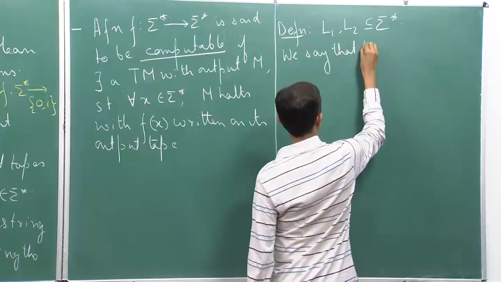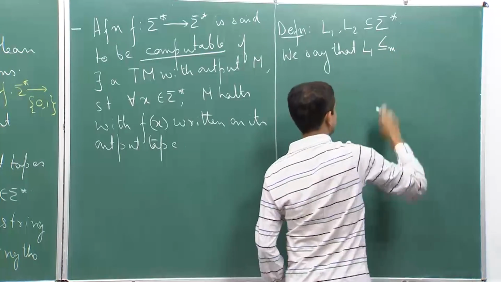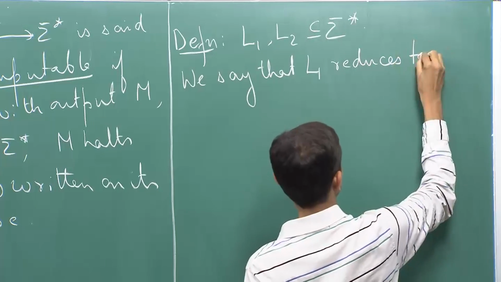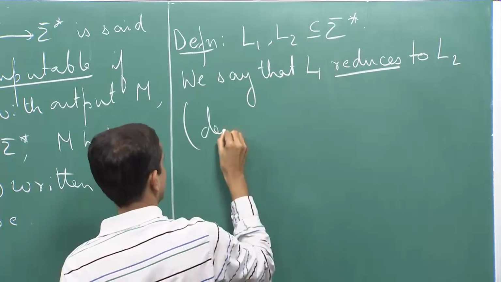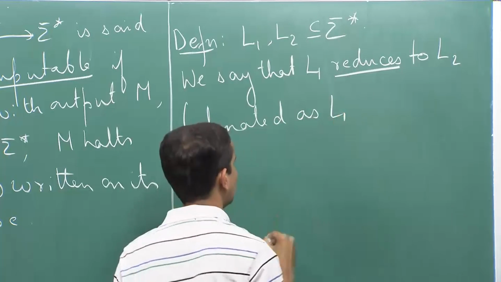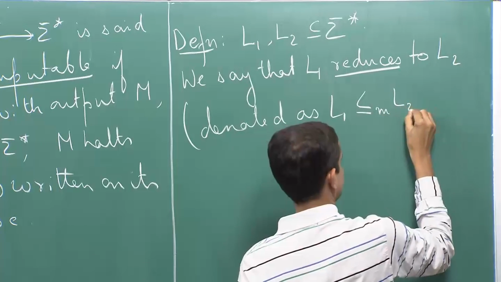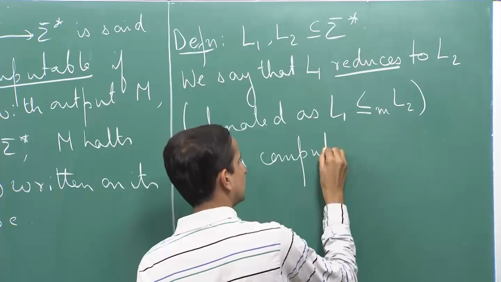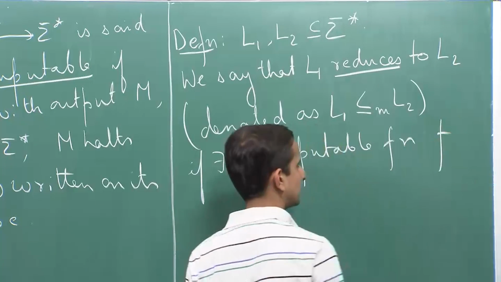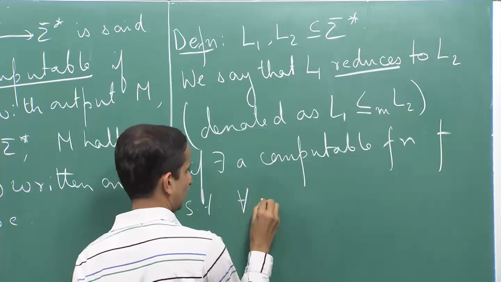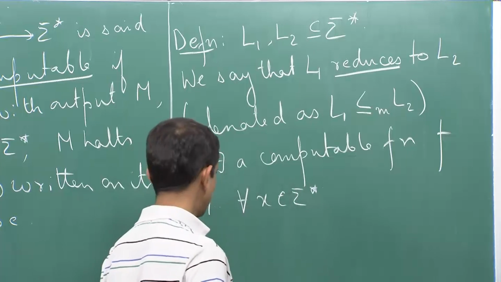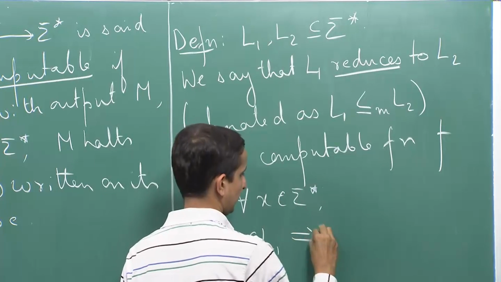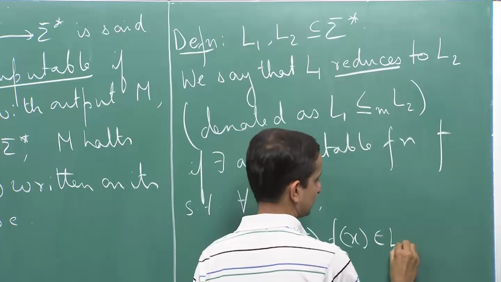We say that L1 reduces to L2, denoted as L1 less than or equal to L2, if there exists a computable function f such that for all x belonging to sigma star, x belongs to L1 if and only if f of x belongs to L2.